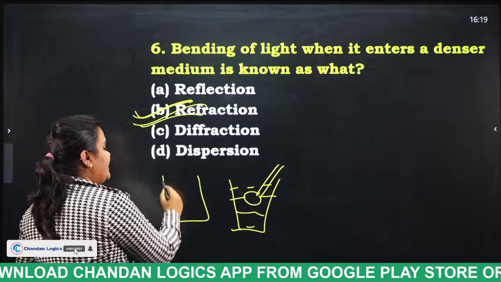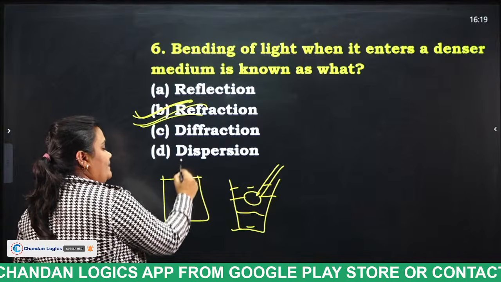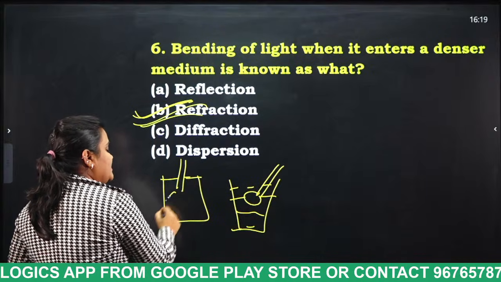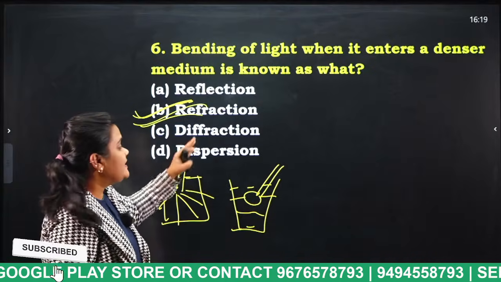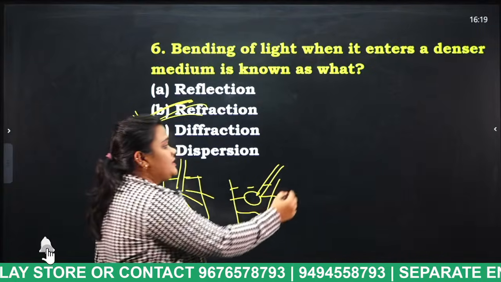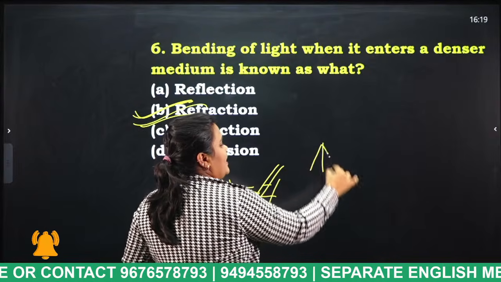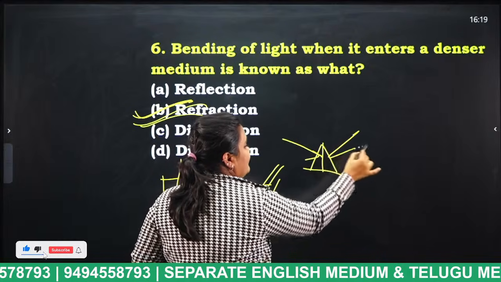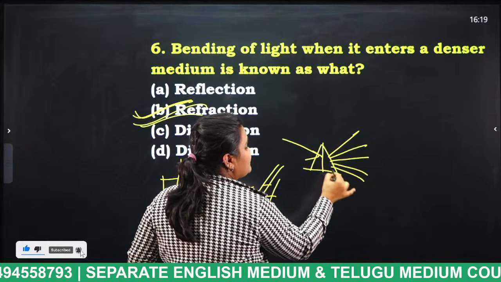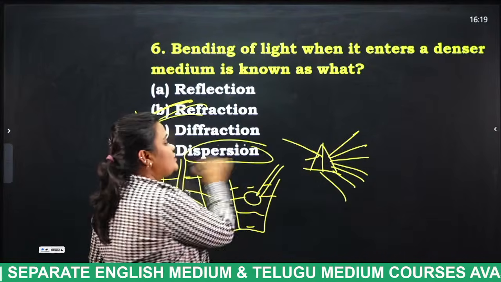Consider an empty room, and if you pass light rays into it, these light rays will spread throughout the room, and this is known as what, students? Diffraction. What do you mean by dispersion? Take a prism and make light rays incident on it. These light rays will be split into VIBGYOR colors, and this phenomenon is known as what, students?